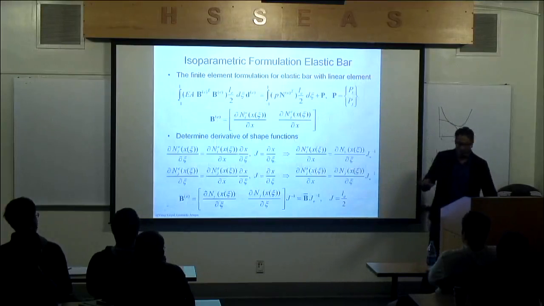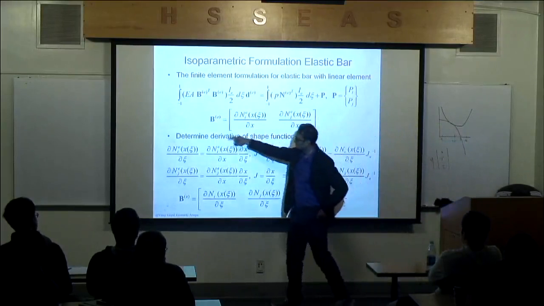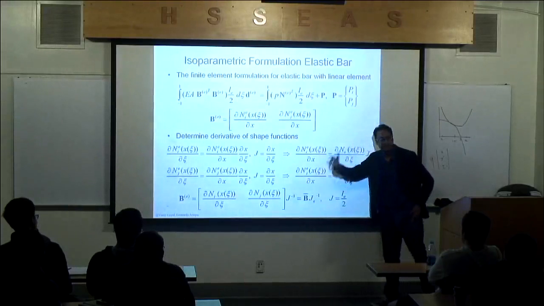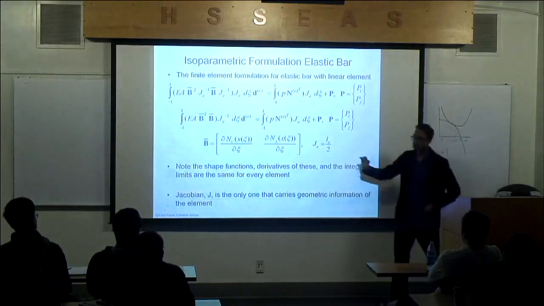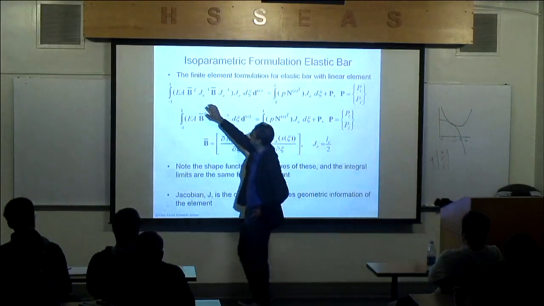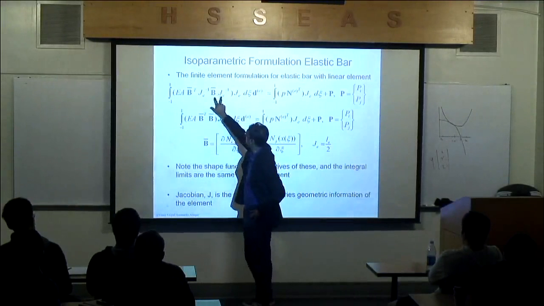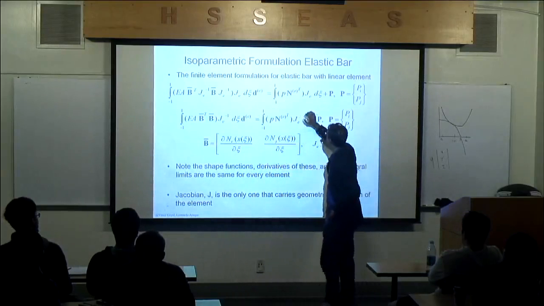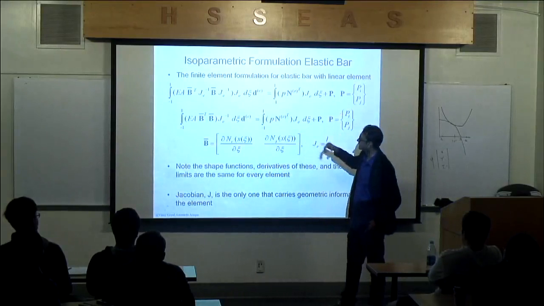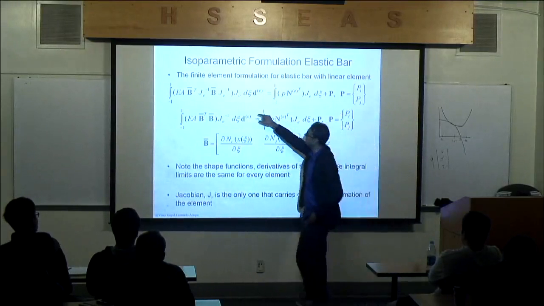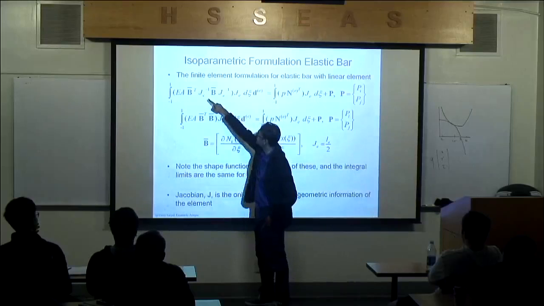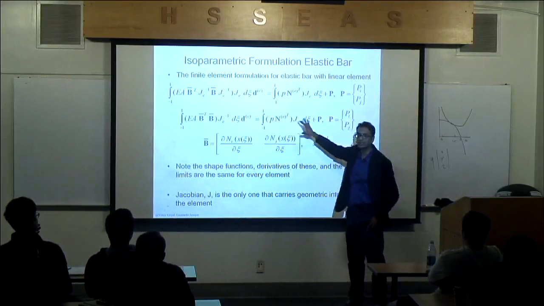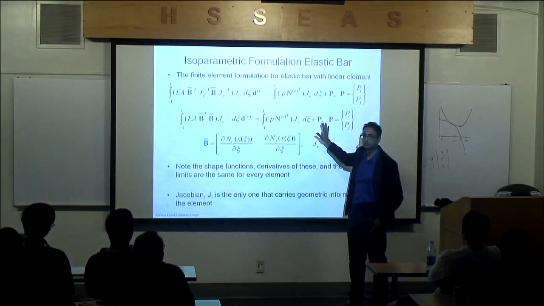If I substitute this B for B bar J inverse, I'm basically done. I plug this in for B_e, plug it in there. I already have N transpose. And then this J inverse cancels this J, so I have one single J inverse. And this is now completely in terms of c, okay?